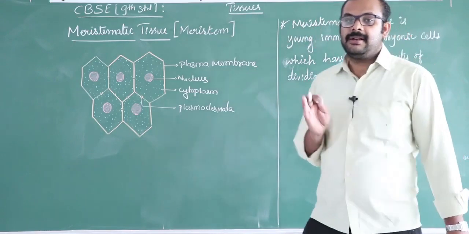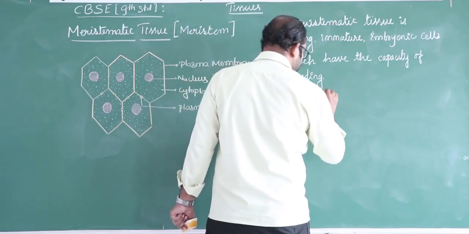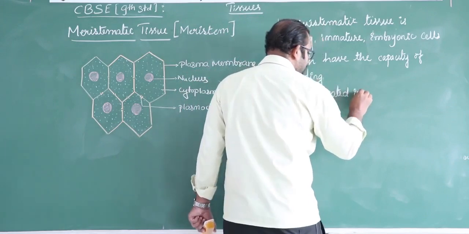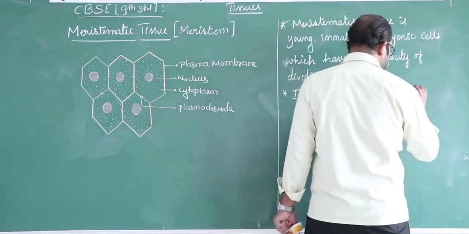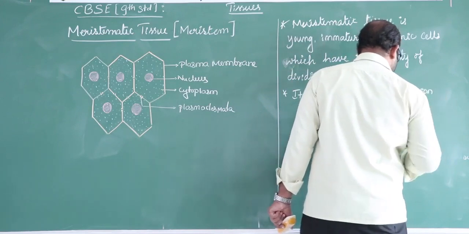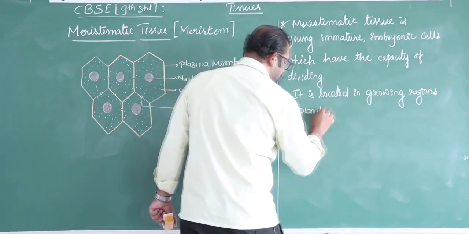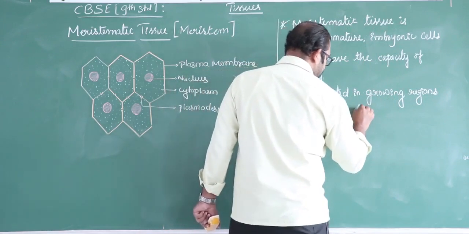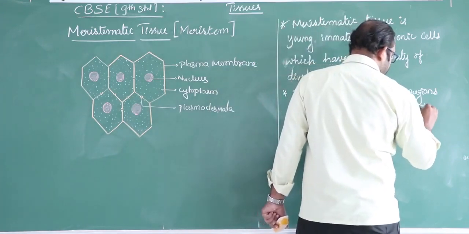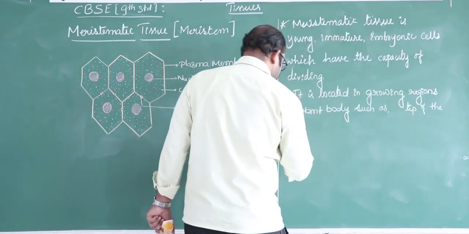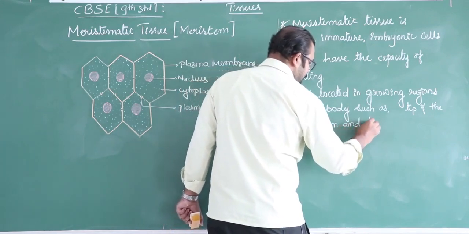So let's see that meristematic tissue is located in growing regions of plant body, such as tip of the root, stem and leaves.